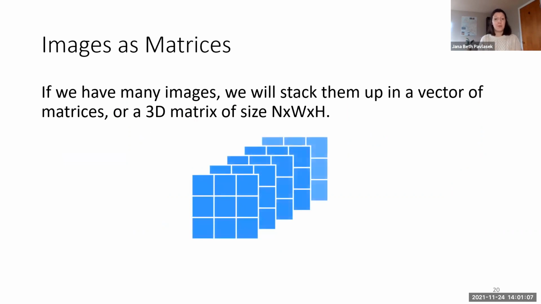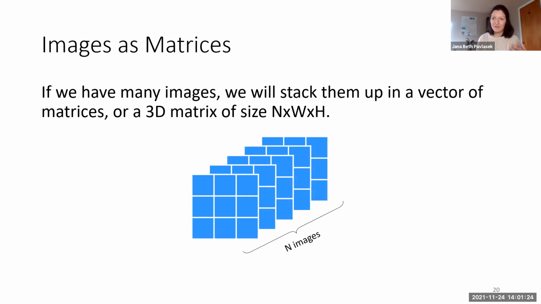Okay, so we actually have a whole bunch of images to deal with in MNIST. We'll have thousands of them, tens of thousands of them. We're actually going to stack them all up.